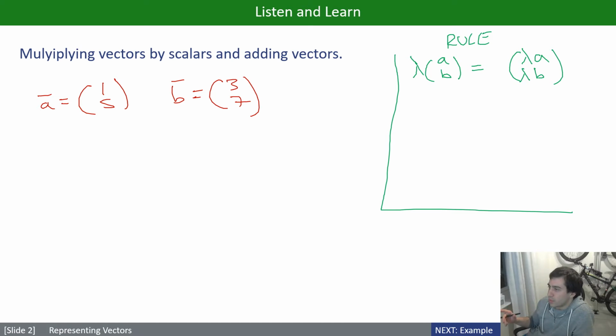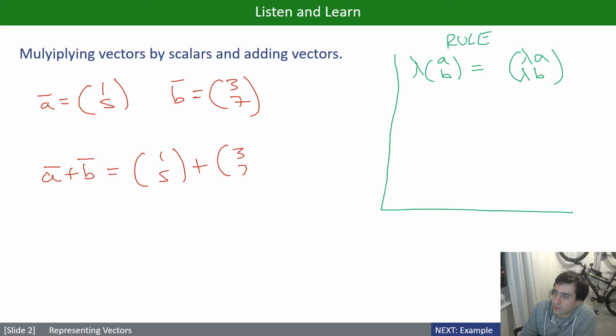What's the new vector I make? As it turns out, you could prove this. Don't take it for granted. It can be proven that it's again the intuition you think it is. Take the separate elements and add them together. So I end up with (4, 12). 1 plus 3 is 4, 5 plus 7 is 12.